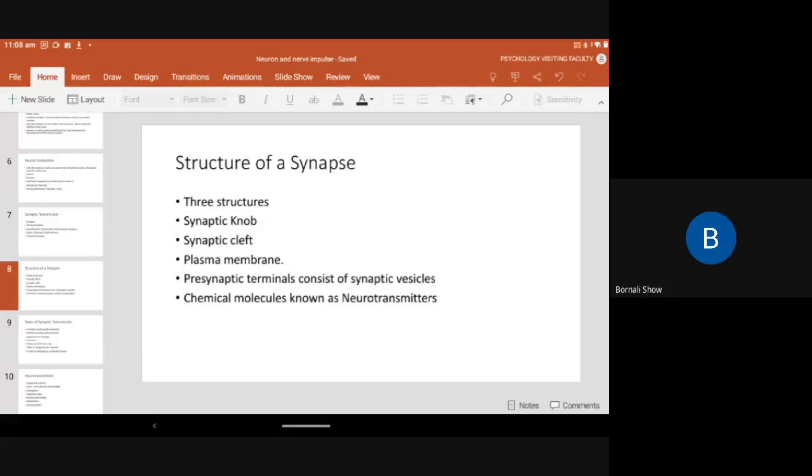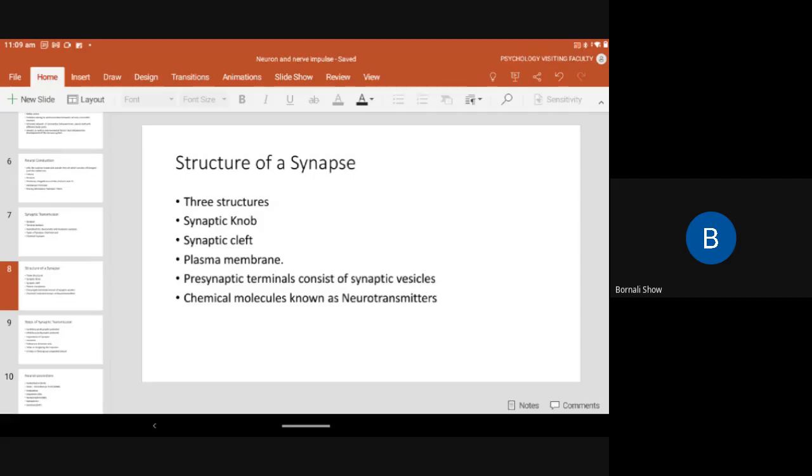Ma'am, yes, please ask. Particularly in neurogenesis, it is written that it's only the growth of new neurons in the hippocampus and olfactory bulb. Is it possible in other parts too? Neuroplasticity, yes, hippocampus.